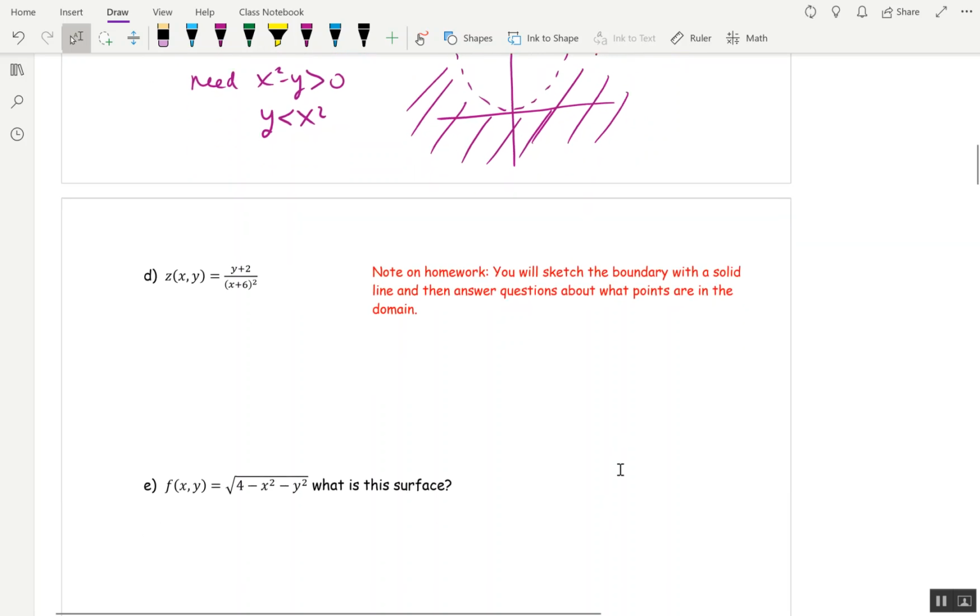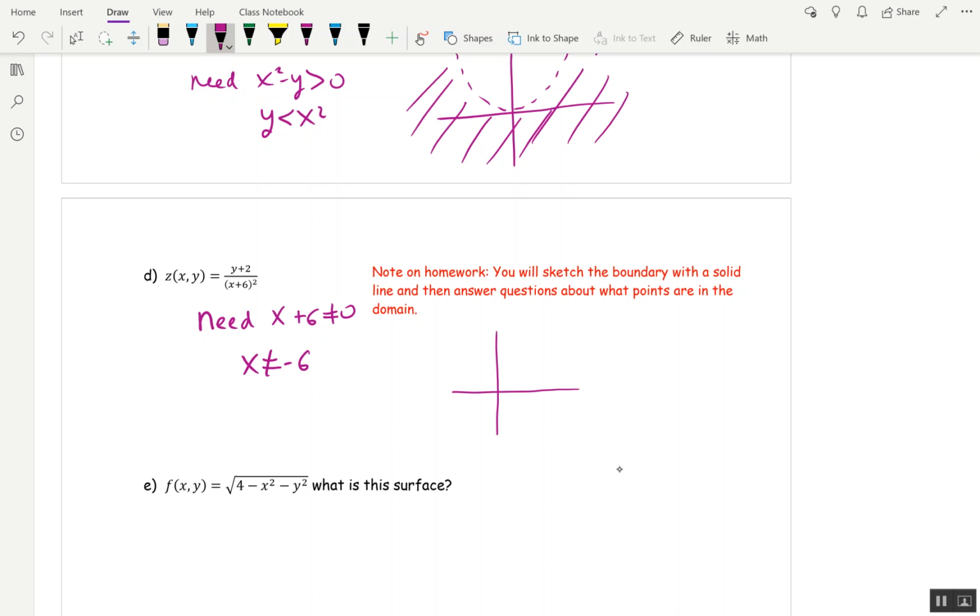But for this problem, again, we can't divide by 0, so we need x plus 6 not to be 0. So x should not be negative 6. So the boundary of the domain is going to be x equal negative 6. I'm going to dot that in.